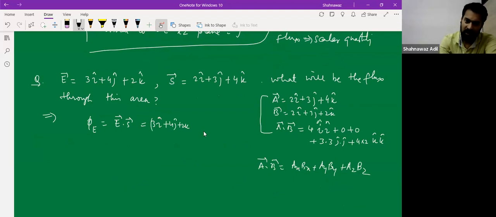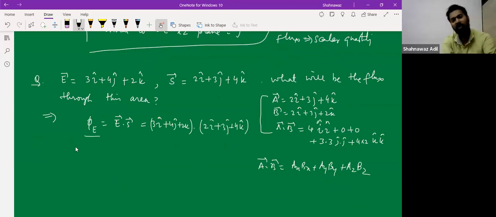And dot 2i plus 3j plus 4k. So would this be a scalar quantity or a vector quantity? This is a scalar quantity, right? So you can't have an answer like some ijk, right? So 3 into 2, this would be 6. And 4 into 3, this is 12. And this is 2 into 4, 8. So this would be what? 26. So this is the answer, right?